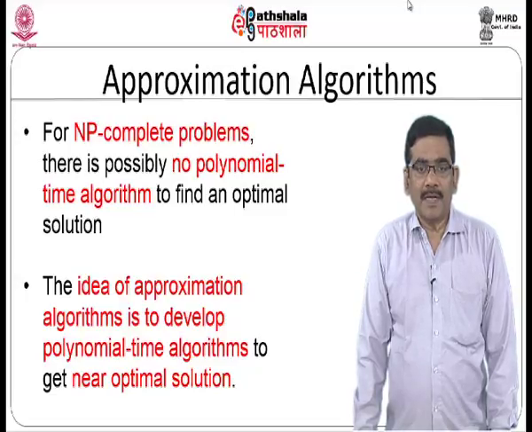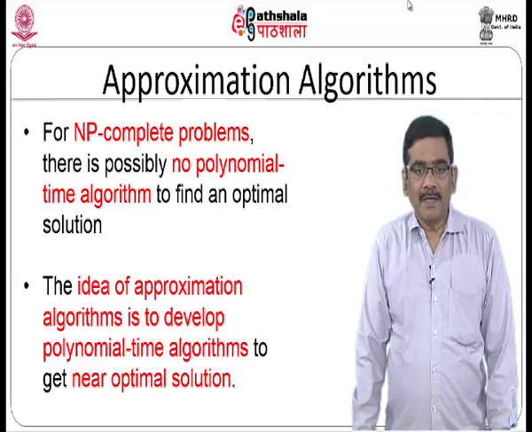These problems are NP complete in nature. That means there is no algorithm that can run in polynomial time. In other words, the algorithms are exponential in nature, and as the instances become larger, the complexity grows, and it is very difficult to solve the problem within the available computer resources.